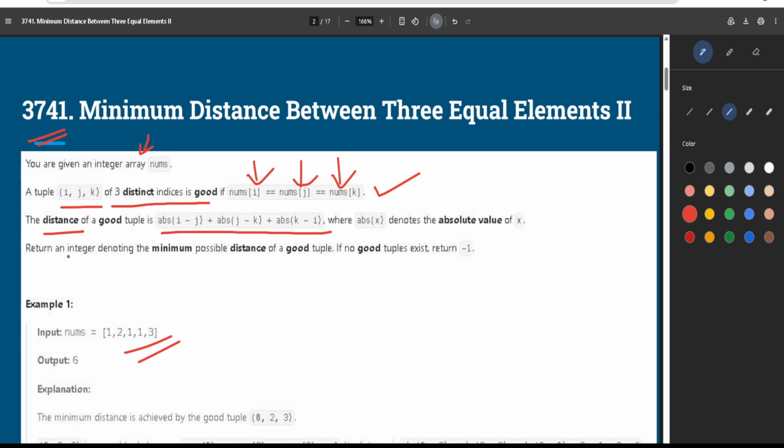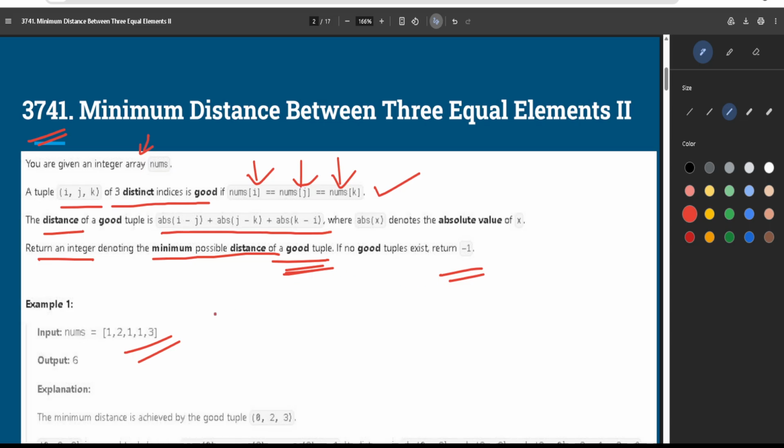Now it says return an integer denoting the minimum possible distance of a good tuple. There can be many tuples, but you have to find the minimum possible distance of good tuples. If no good tuples exist, return -1.